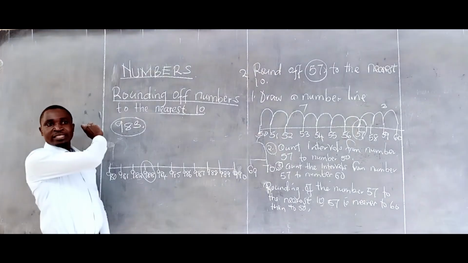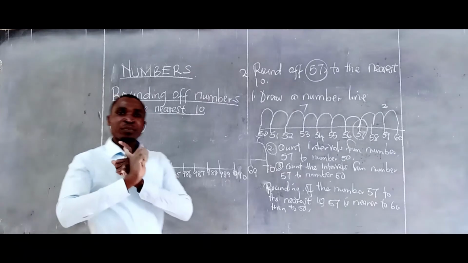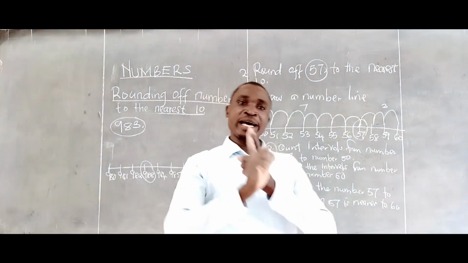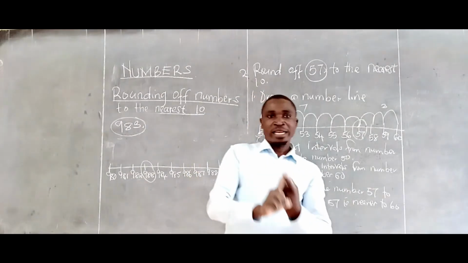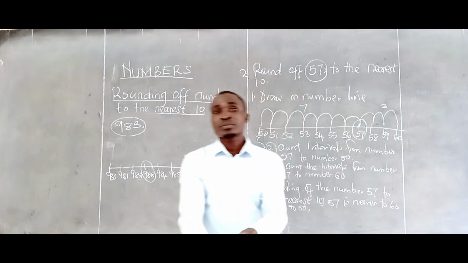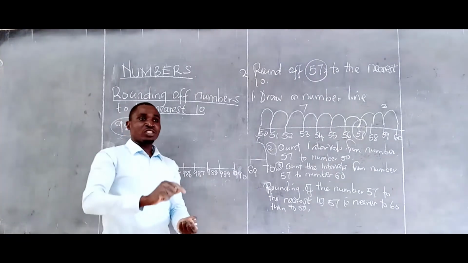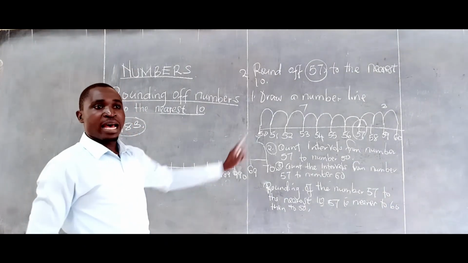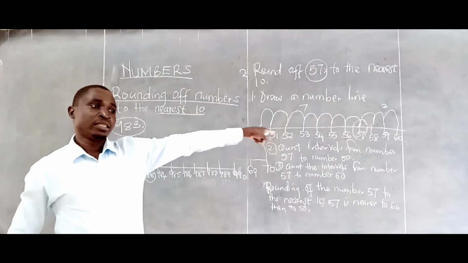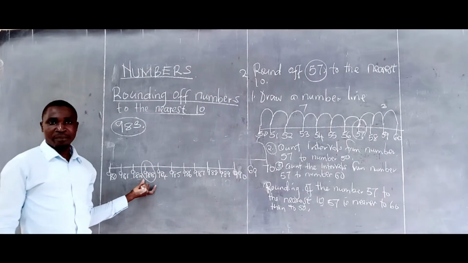Step number 2, we are going to count the intervals from our number 983 going backwards up to 980. Again, we are going to count the intervals from 983 going forward to 990.